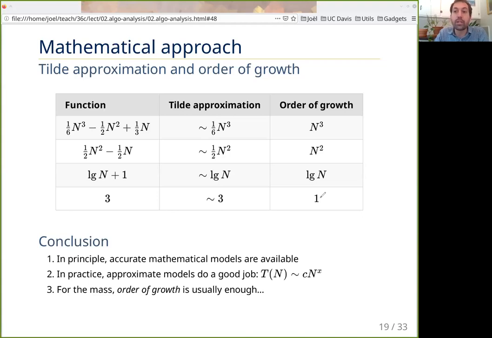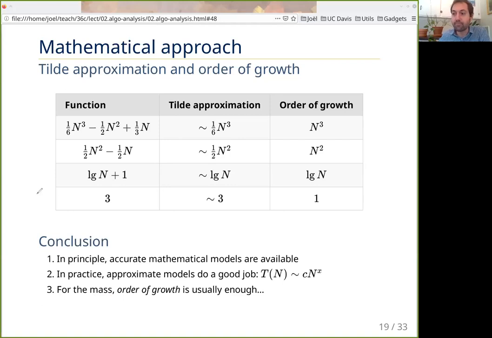People who study the theory of algorithms usually are fine using approximate models, using a tilde notation. Often that's enough. And for everybody else, including us, we often only talk about order of growth, which is a perfectly fine way of determining what kind of algorithm we have and how it compares to other algorithms and so on.